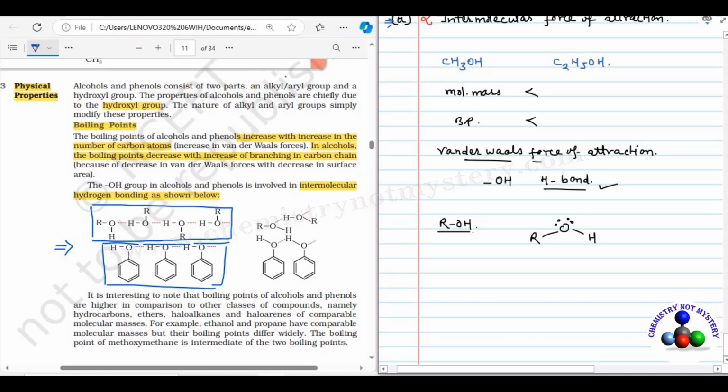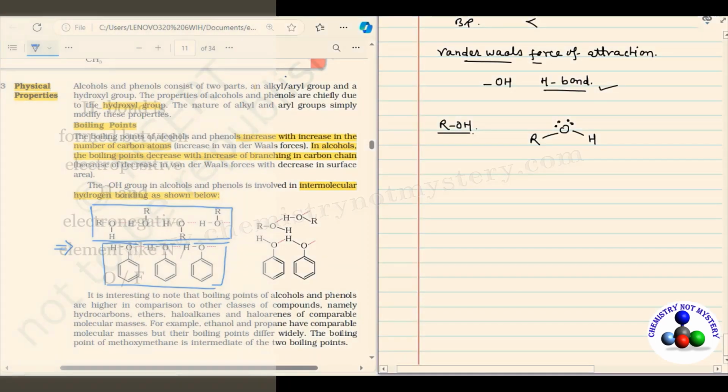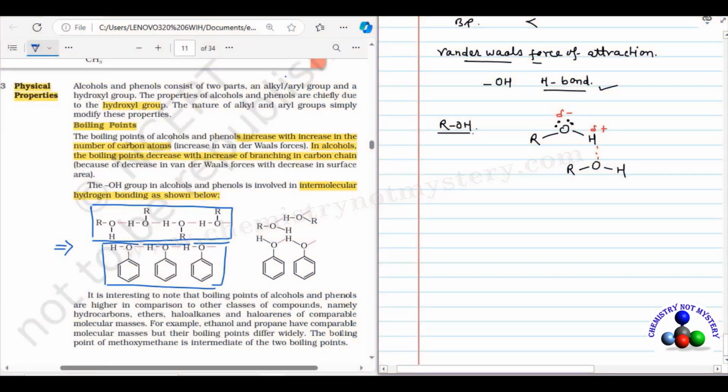Now you can draw hydrogen bonding between different alcohol molecules. So here, this is another ROH. As hydrogen is delta positive and oxygen is delta negative, there is a hydrogen bond between electronegative oxygen and electropositive hydrogen. So that's how you can draw hydrogen bonding between two alcohol molecules.